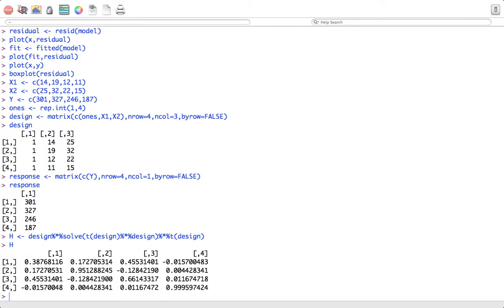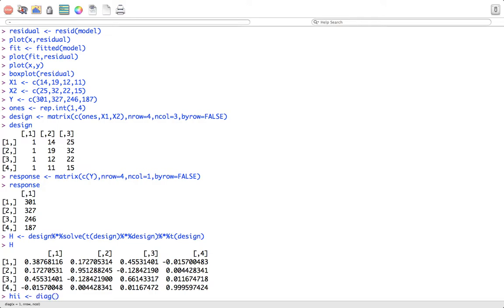So guys, you can see H, and you can see that the values on the diagonal are equal to 0.387, 0.951, 0.6614, and so on and so forth. Now, what I'd like to do is create a list of diagonals. And let's just call these HII, just to be consistent with what we've done before.